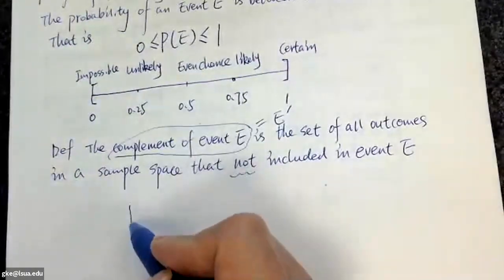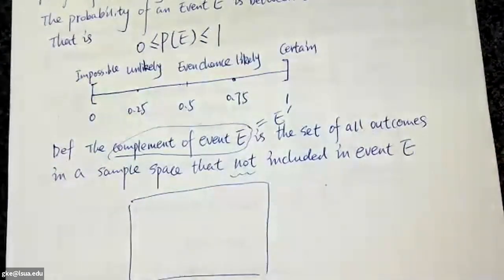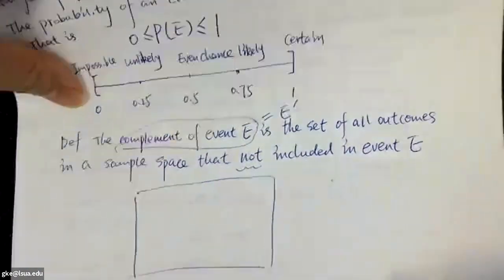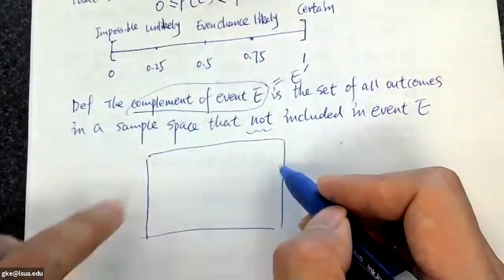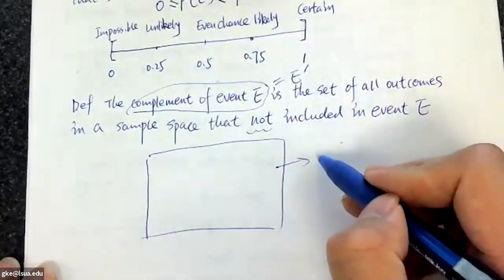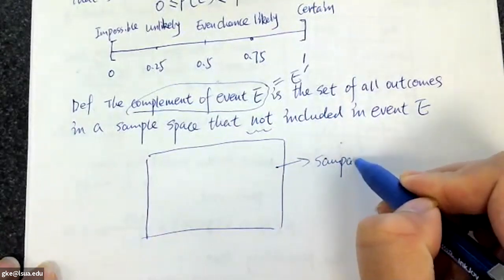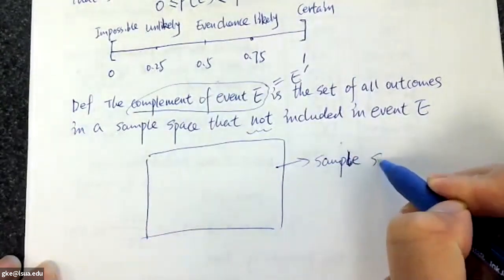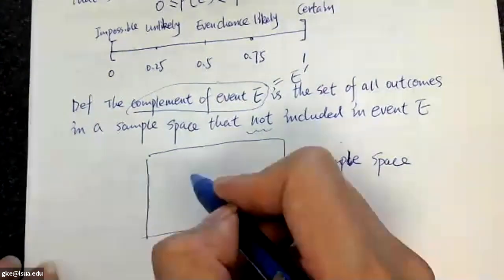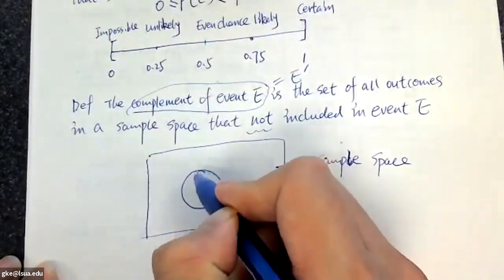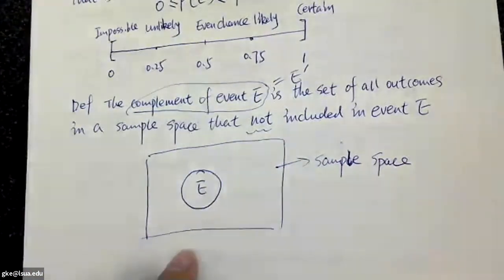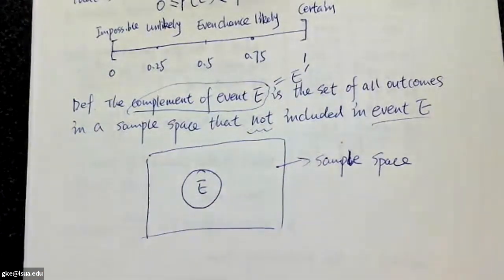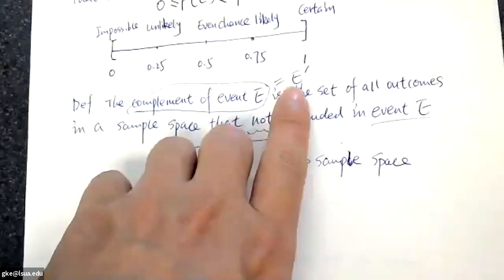So we have a picture, and in this picture, inside of this rectangle area, we call it the sample space. Okay, sample space. And of course, we use a circle to represent the event E. How about the complement of event E, or E prime?